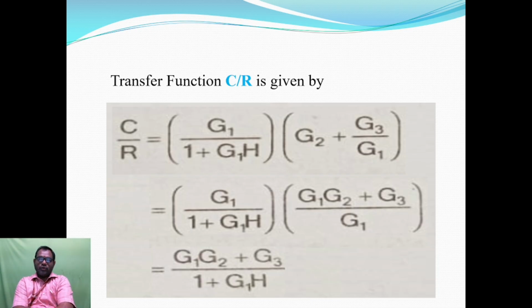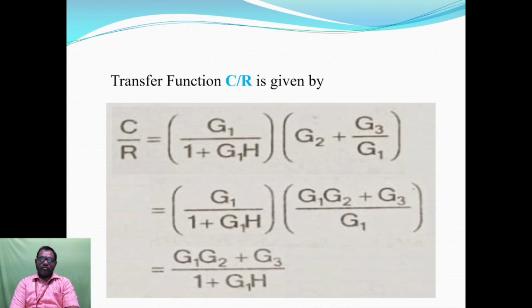Here we simplify the expression for the transfer function. C by R is equal to G1 divided by 1 plus G1H, multiplied by G2 plus G3 by G1. We multiply this expression and simplify by taking the LCM of G1, so G1 G2 plus G3 is the numerator, and we cancel the numerator G1 with the denominator G1.